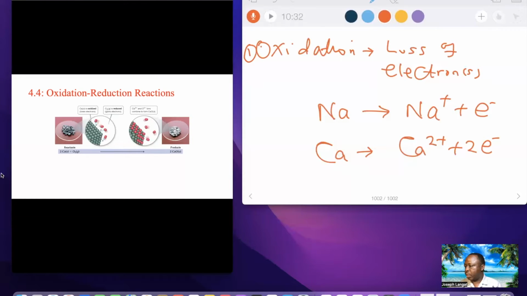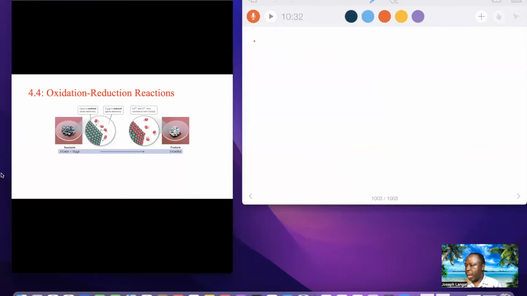Now, reduction is gain of electrons, right? How do you know that a species has gained an electron? Remember, electrons are negatively charged. So chlorine, for example, is neutral, all right?